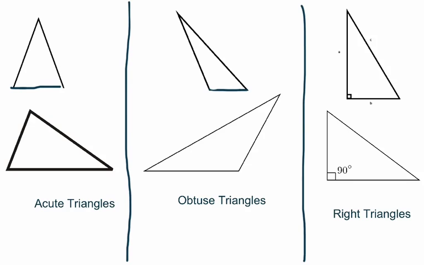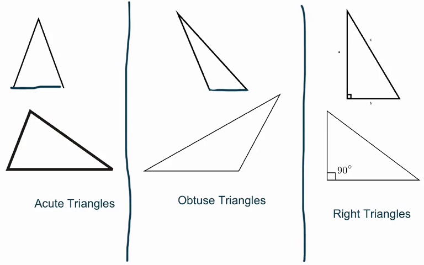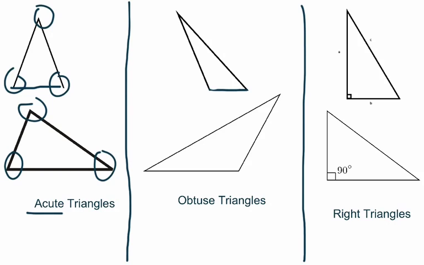So, like we said before, there are two ways to classify triangles. One is by their sides, like this, where we have equilateral, isosceles, and scalene triangles. Another way to classify triangles is by their angles. So, if all three angles on a triangle are acute, then it's an acute triangle. If there is one angle that is obtuse, it's an obtuse triangle.